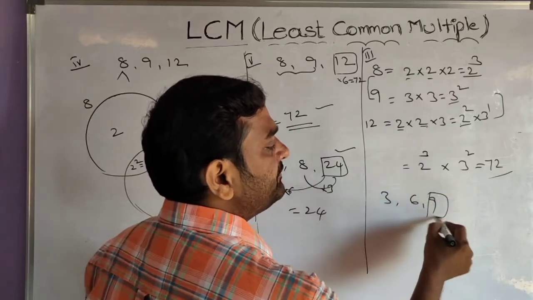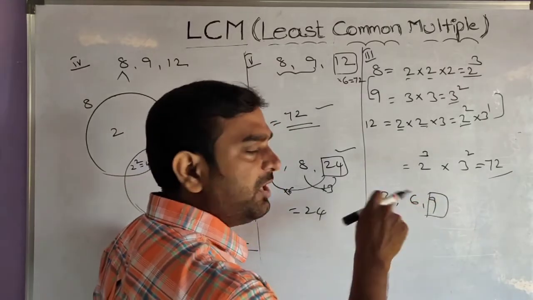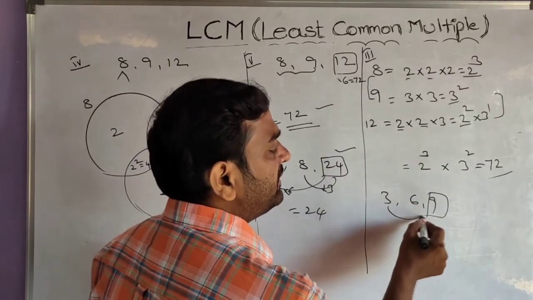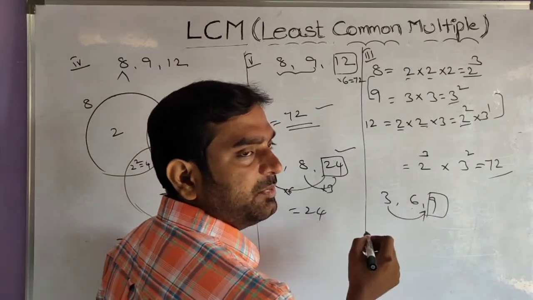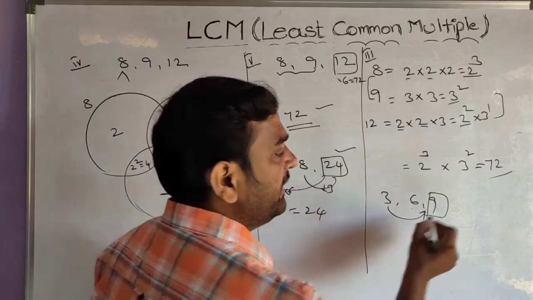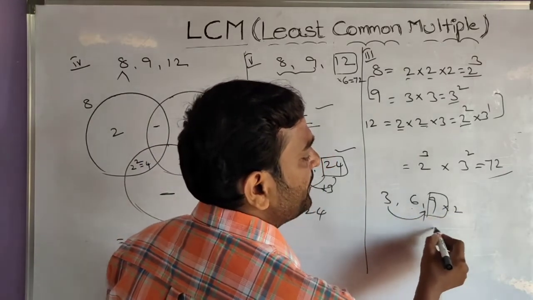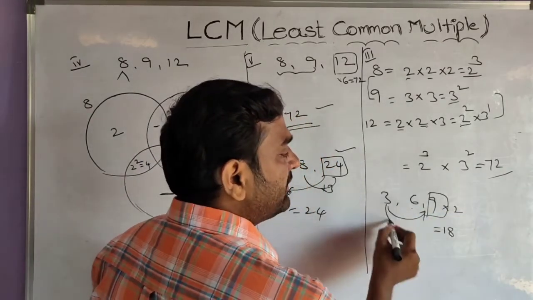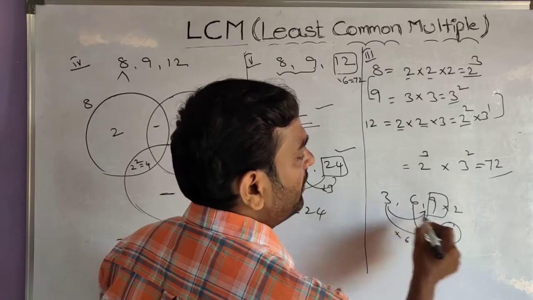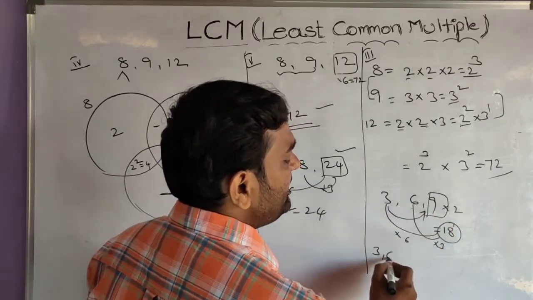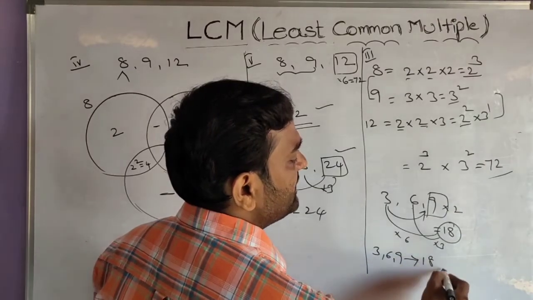Take the big number. Check whether that number is a multiple of the remaining 2 or not. 9 is not a multiple of 6. Then do one thing. Multiply with 2. Then you will get 18. 3 sixes are 18. 6 threes are 18. So LCM of 3, 6, 9 is 18.